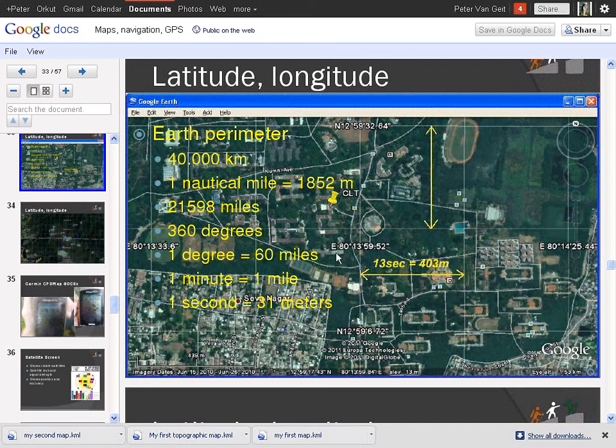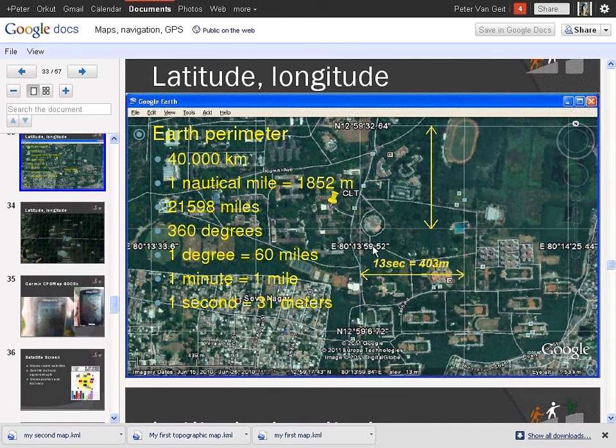So one grid is 13 seconds, and 13 multiplied by 31 meters is around 400 meters. That gives you a quick idea of the exact length. To go from the swimming pool to the round point, the administrative center in IIT, I need to walk a little bit less than 400 meters.